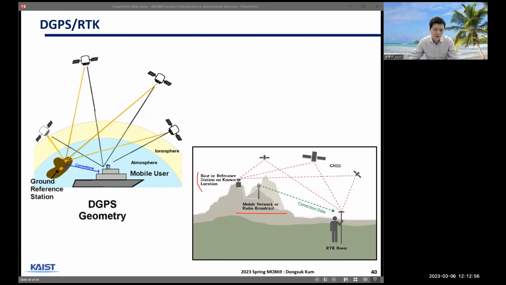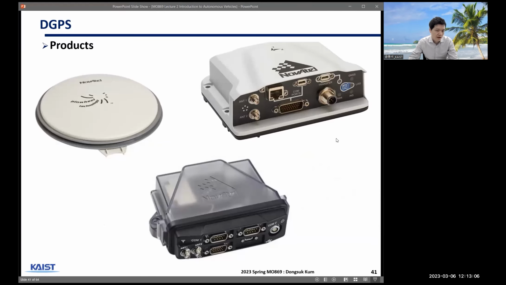That way you can really get very accurate information, and you can also fuse that with IMU. I will talk about that later. But if you use high-end DGPS RTK and fuse that with IMU, then you can get centimeter level accuracy. So this can be used for localization problem.